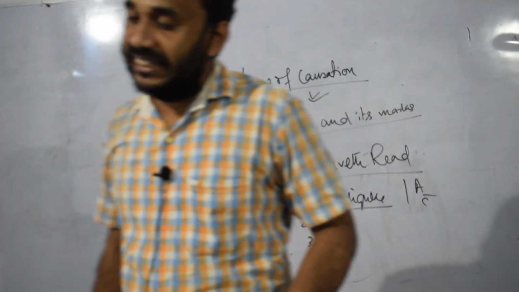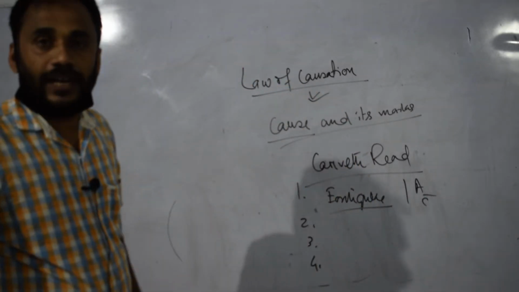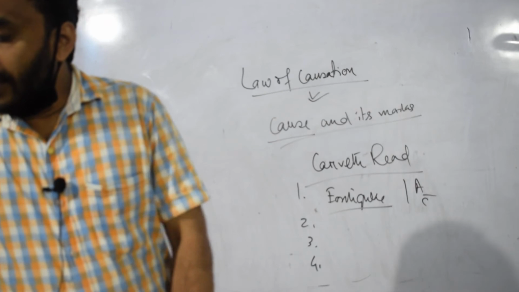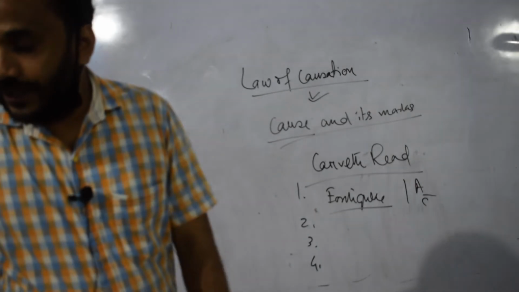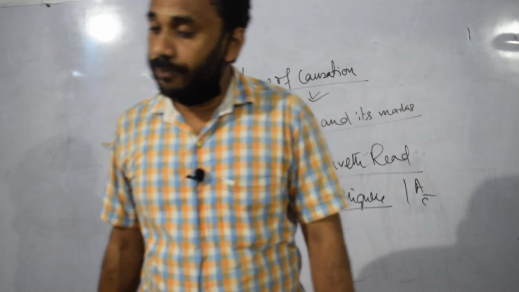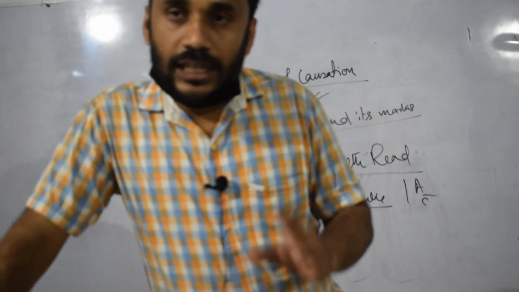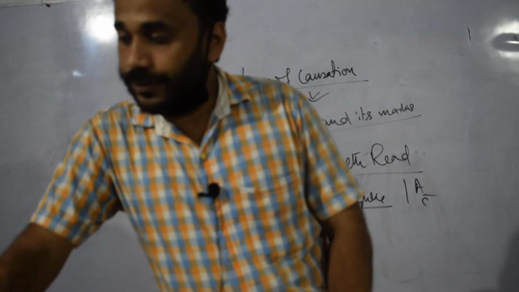Only an invariable antecedent is regarded as the cause of an effect. This is what is called the uniformity of causation. That is, the same cause has the same effect.